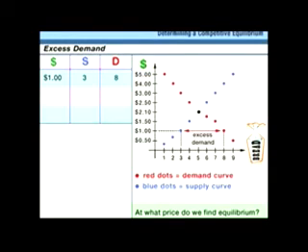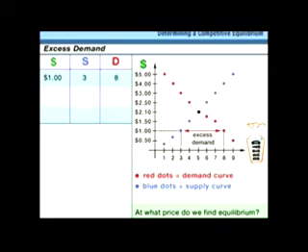The fact that there are more buyers than sellers, or the quantity demanded is greater than the quantity supplied at a price of $1, means that we have excess demand. We have excess demand, which is the difference between the quantity demanded and the quantity supplied at the price of $1. I'll label this with a little sign that says excess demand.